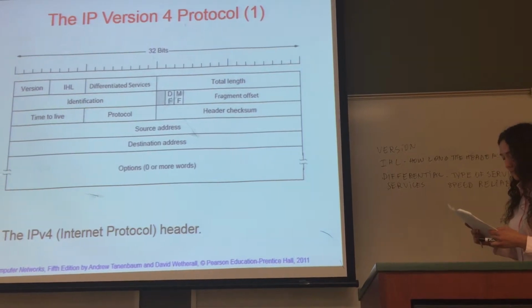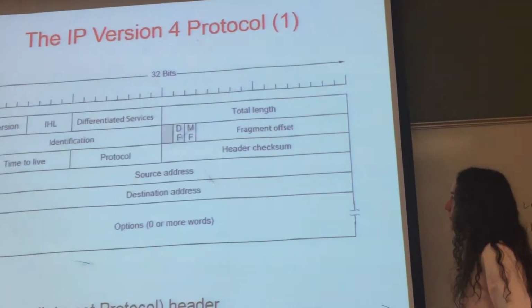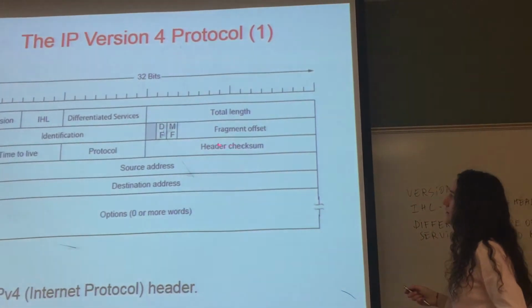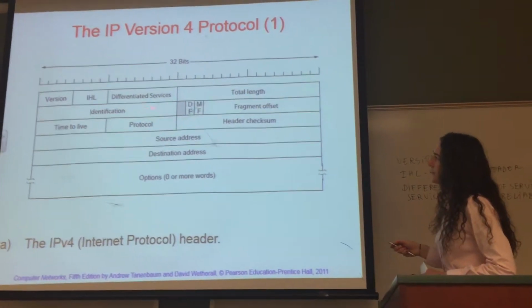Total length is the length of header plus data. And this optional part can vary, so the lengths are specified here. Then we have identification.